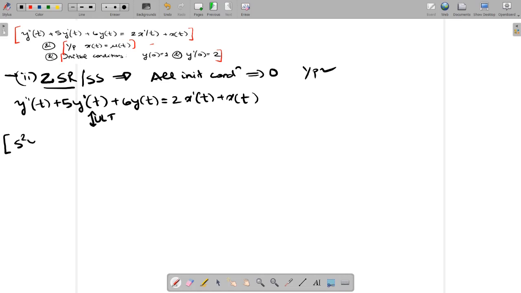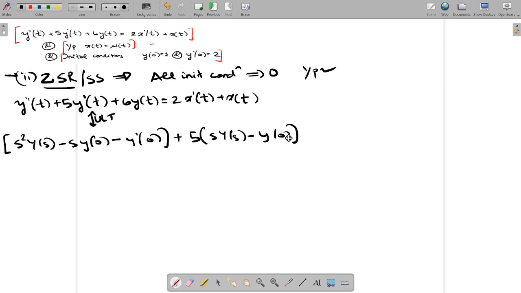S squared y of s minus s y of 0 minus y dash 0 plus 5 s y of s minus y of 0 plus 6 y of s is equal to s x of s minus x of 0 plus x of s.